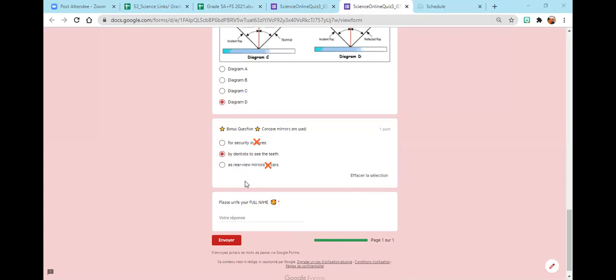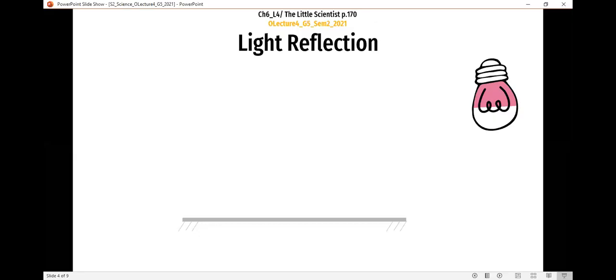So that's all about reflection of light. Reflection of light happens when light hits a smooth surface. An incident ray hits a mirror. Here is the point of incidence.